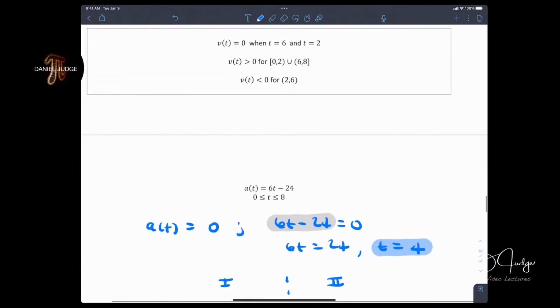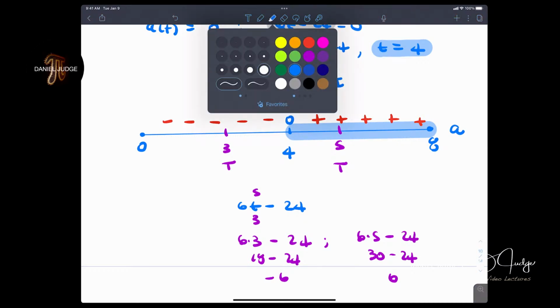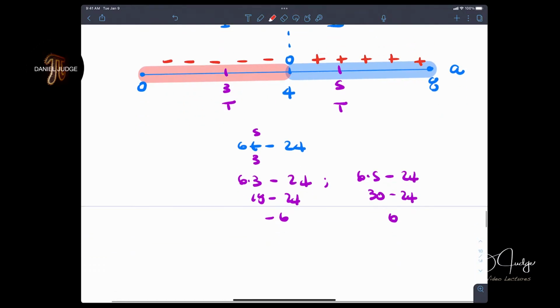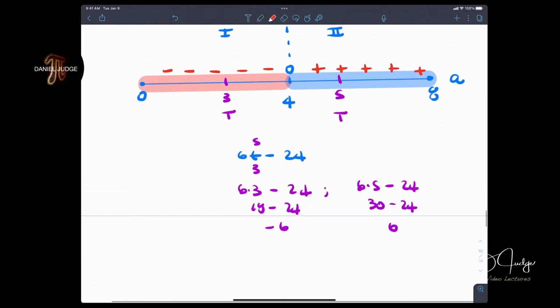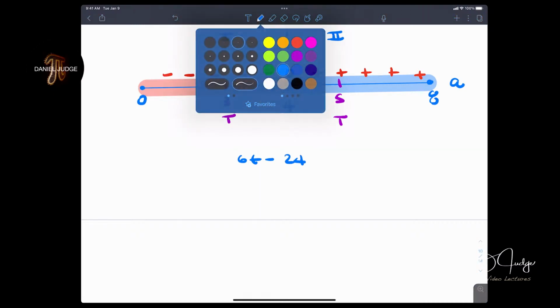So if we do the same kind of analysis here, let's notice that the region here where it's positive is everything to the right of 4 up to 8, where it's negative is right here. So I'm going to draw my conclusion here looking at my sign analysis information. I'm going to erase this here. And so we're going to describe acceleration.